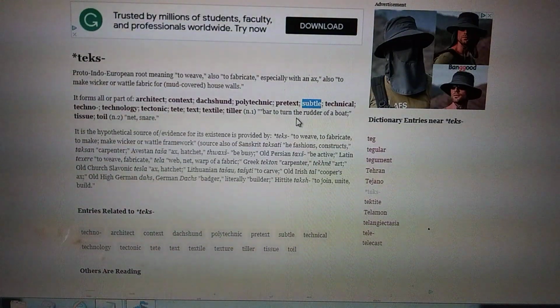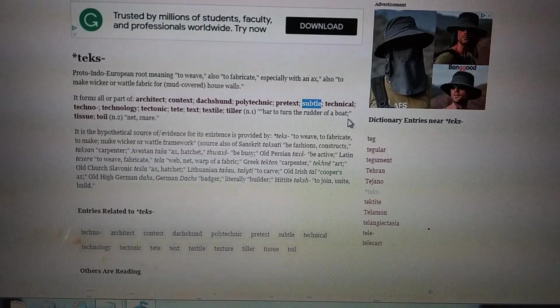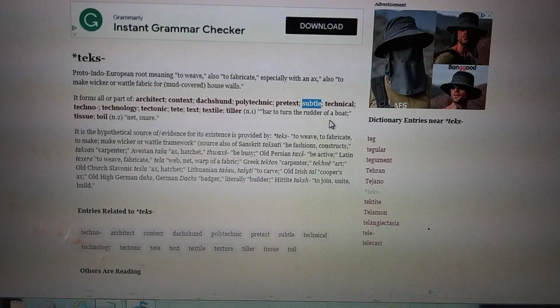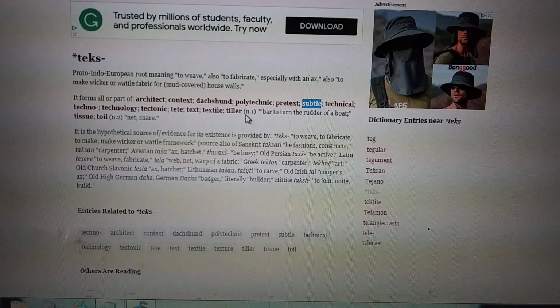textile, tiller. You're supposed to till the land, right? Now, what do you mean? That's a noun, a bar to turn the rudder of a boat. So when you are tilling the land, remember, your hijack deals with a lot of maritime law.